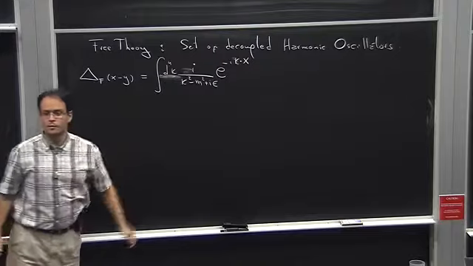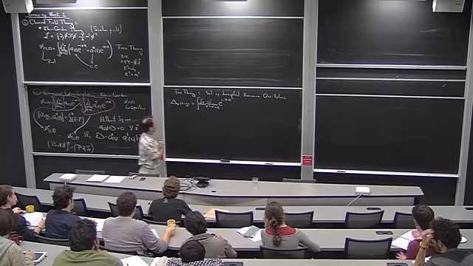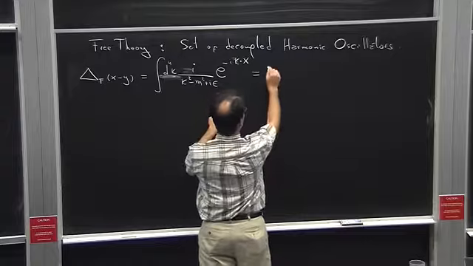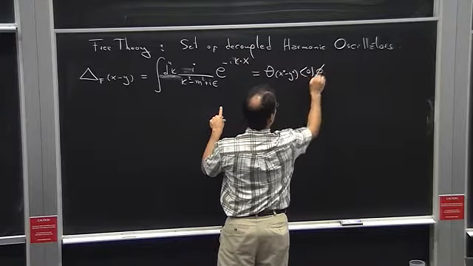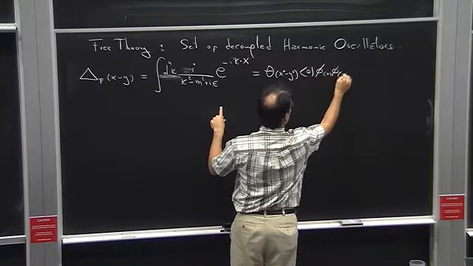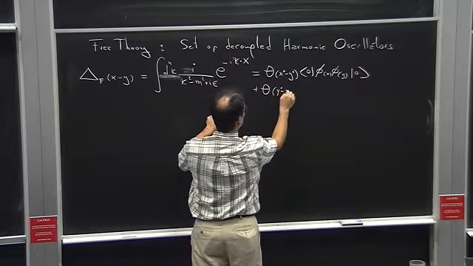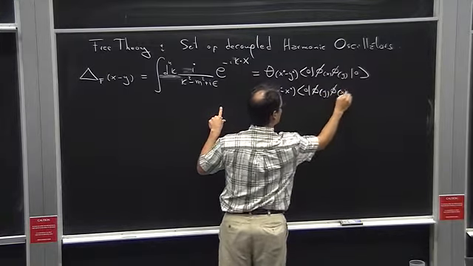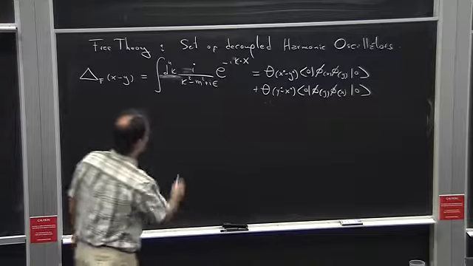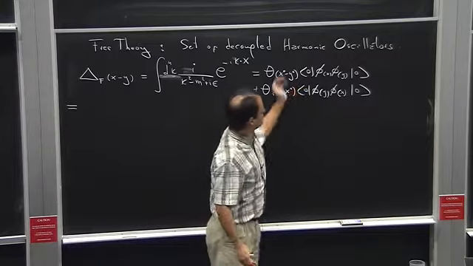And what is this in terms of expectation values? Do you remember? That's right. So this was this object, which we decided to give a name to, this way of writing things like this.